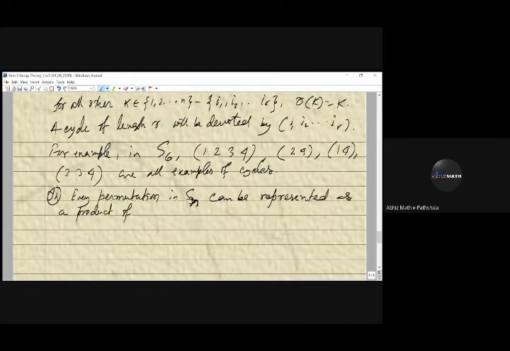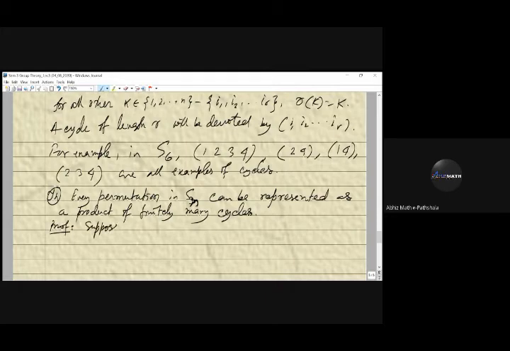Product means the composition. Okay. Why? Look at this proof.